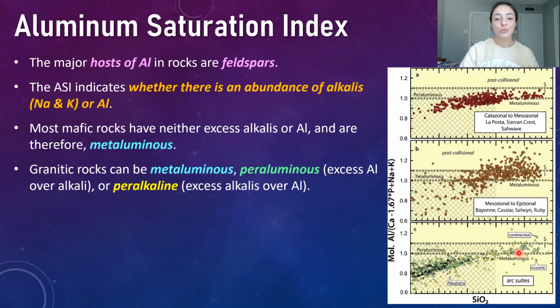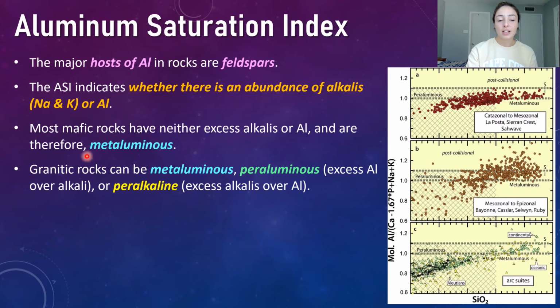Moving to the aluminum saturation index, the ASI indicates whether there's an abundance of alkalis over aluminum or vice versa, whether there's an abundance of aluminum over alkalis, or sodium and potassium. If you remember our alkali-lime index, those alkalis are sodium and potassium mainly. So in most mafic rocks, neither alkalis nor aluminum are present in excess.